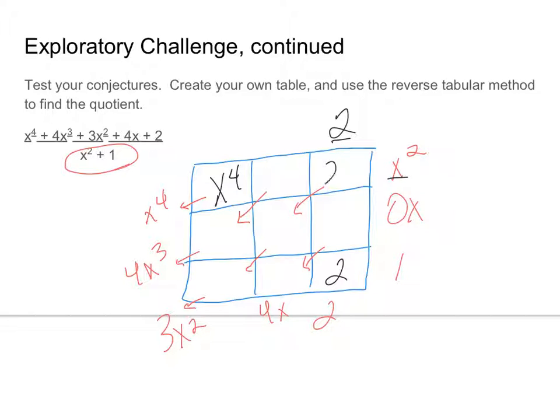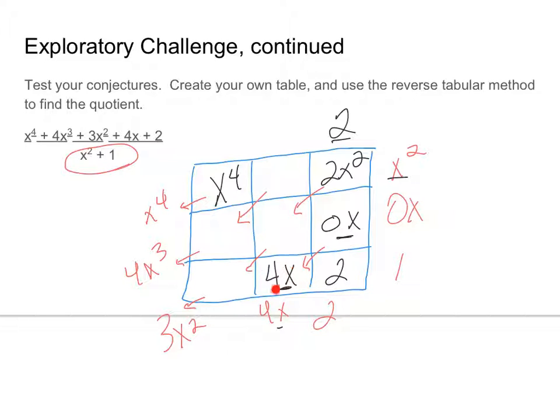2 times x squared is 2x squared. And here we have a 0x. So if we have a 0x here, we know what adds 0x plus what is 4x. We would have a 4x. Perfect.